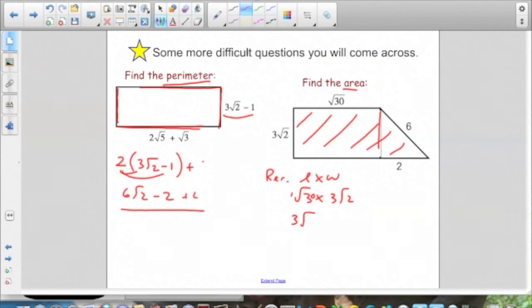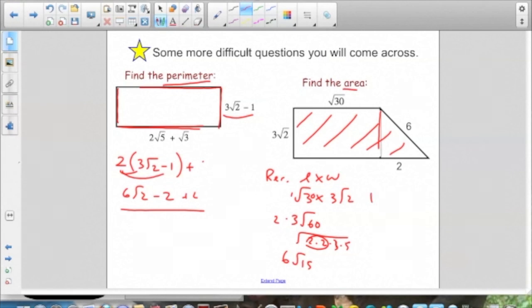So 3 root 60. And then we jailbreak 60. And what does that become? 2, 3, 5. All right, so now we group these together so they break out of jail, so it comes out. So it's 6 root 15.